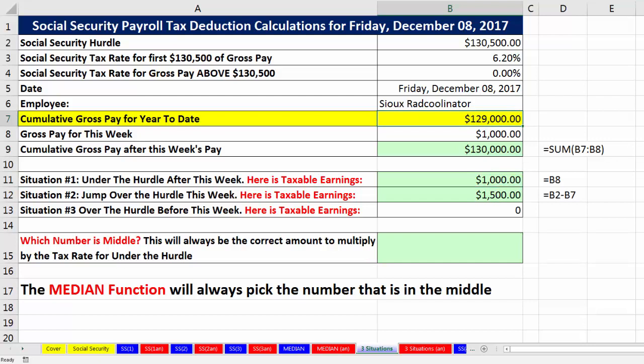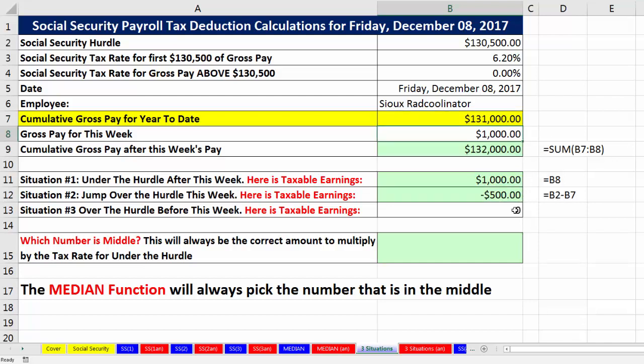All right, let's try situation 2, 130,000. There's our three numbers. If I were to sort them from smallest to biggest, the one in the middle is 500. And that's the one that we would need to multiply by the tax rate. Now let's start off above the hurdle. There's our three numbers.